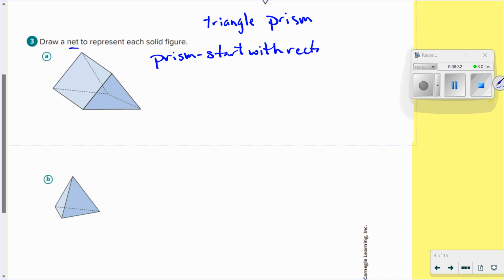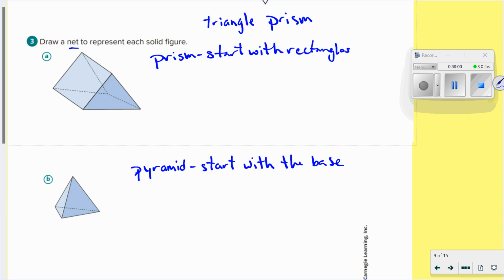In other words, the sides. And for a pyramid, start with the base. So whatever the base figure is. So just a quick hint, the easier way to draw nets for pyramids and prisms. It does look a little different. There are other ways to do it. That's just the easy way.